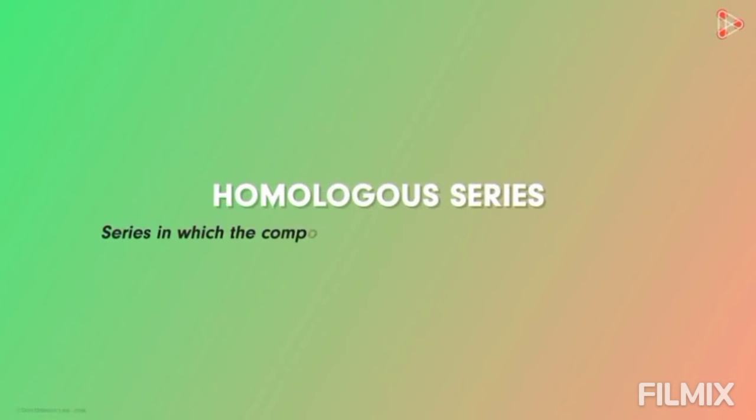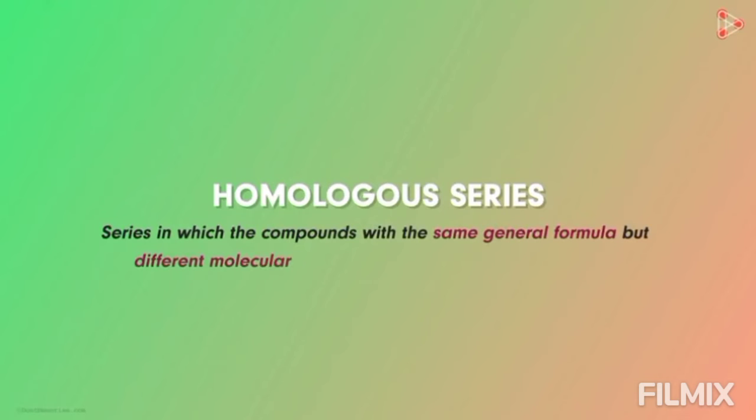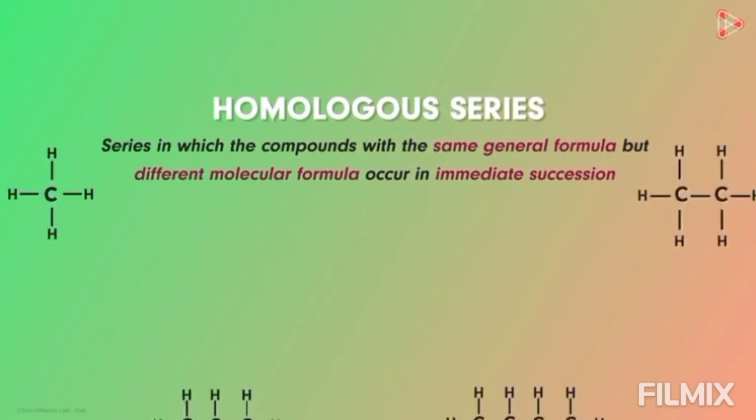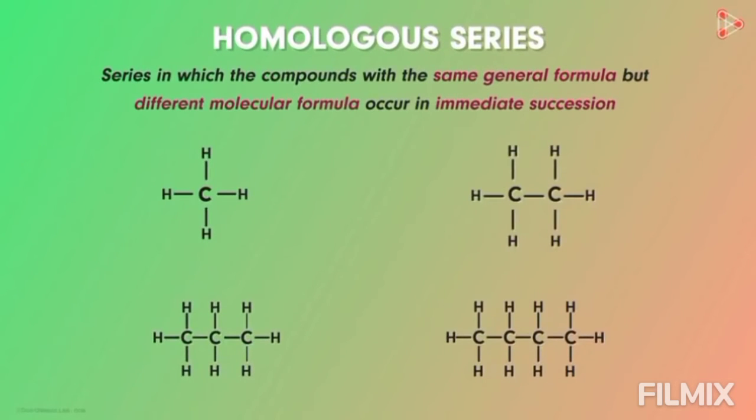So let us define homologous series. A homologous series is one in which the compounds with the same general formula but different molecular formulas occur in immediate succession. Succession means one after another. Here you can see methane, ethane, propane, butane.